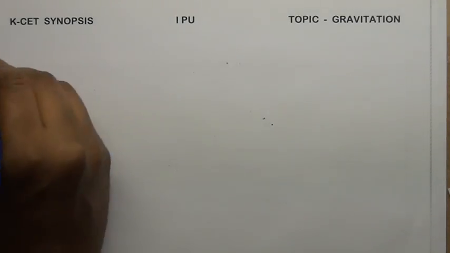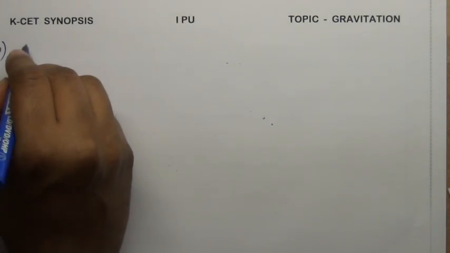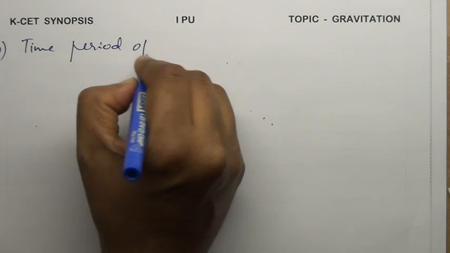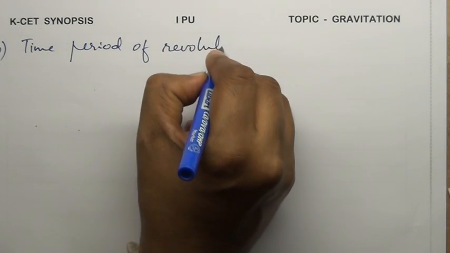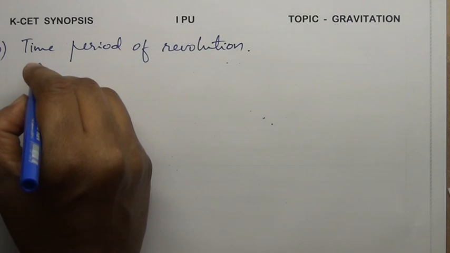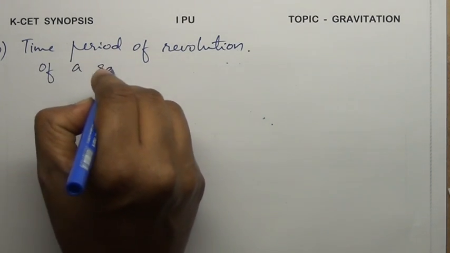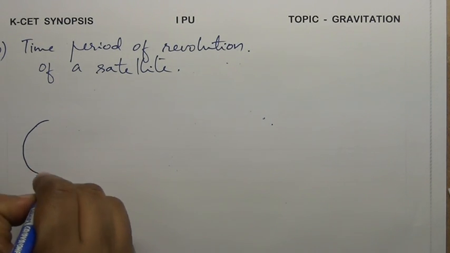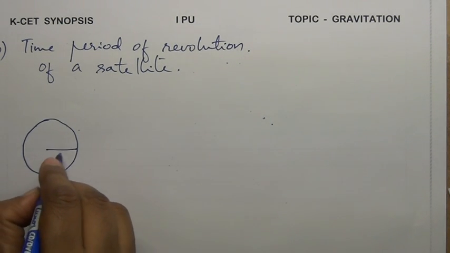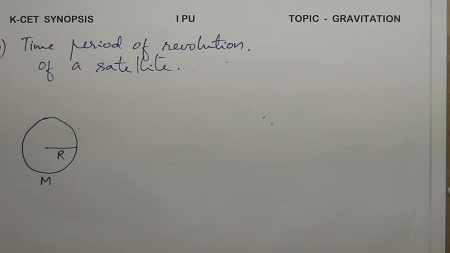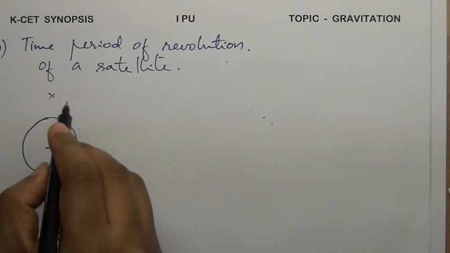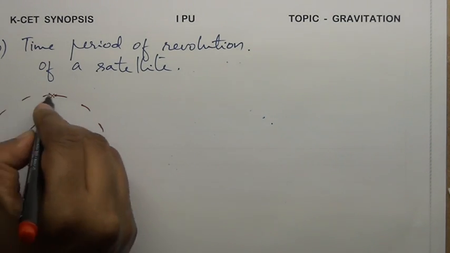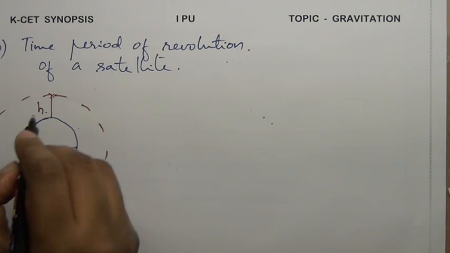Next, 10th, time period of revolution of a satellite. Okay, this is the Earth, mean radius, mass. If this is a satellite, this satellite is revolving around the Earth. Height of the satellite is h.